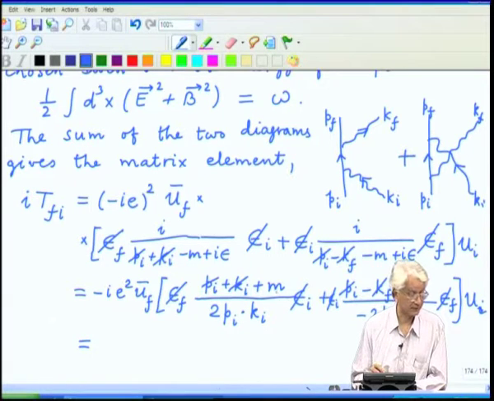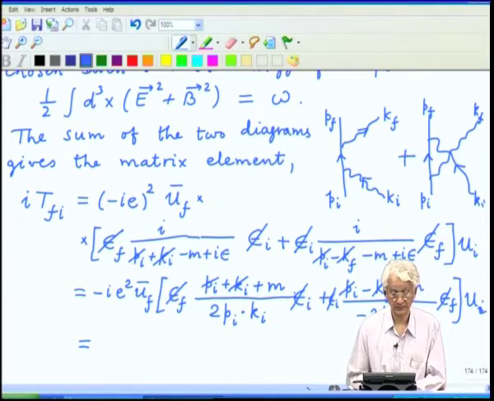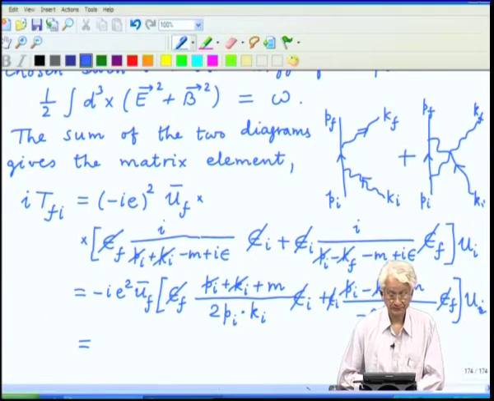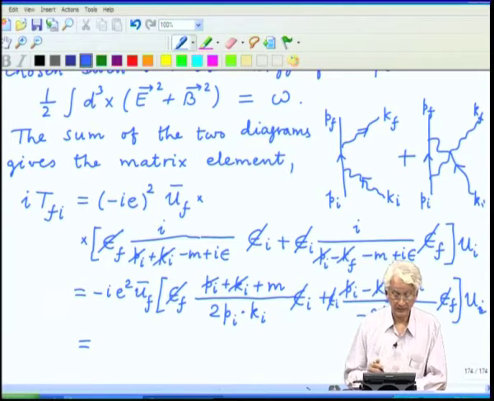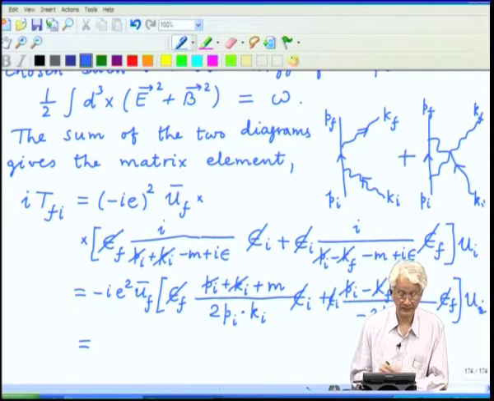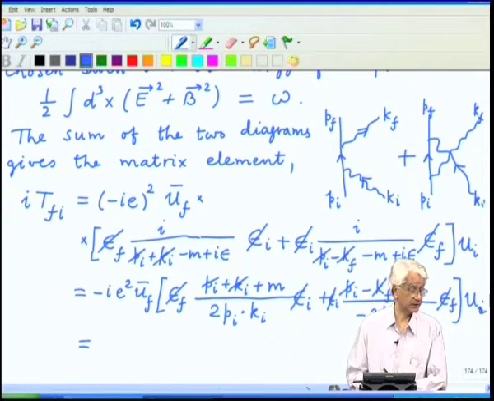Of course, as far as the mass is concerned, there is no problem, it just goes through, but as far as the other objects are concerned, we just have to be a little careful about commuting the matrices.